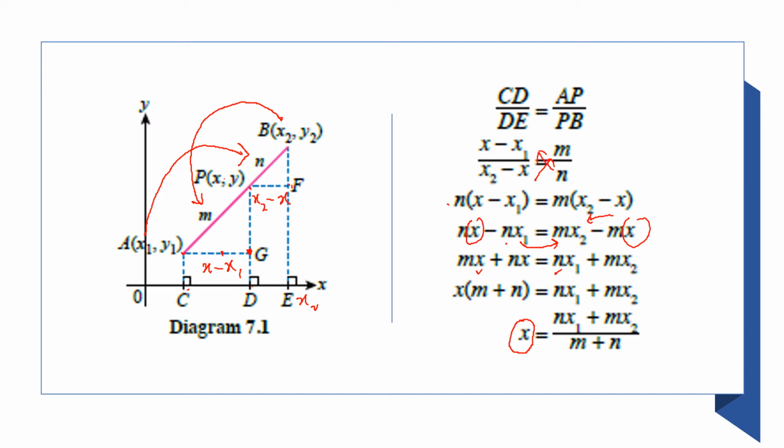Same thing goes to the coordinate of y in P. You will use the same method: y1 multiplied with the opposite ratio, so we have nY1 plus y2 multiplied with the opposite ratio, which is mY2, then divide by the summation of the ratio, which is m plus n.